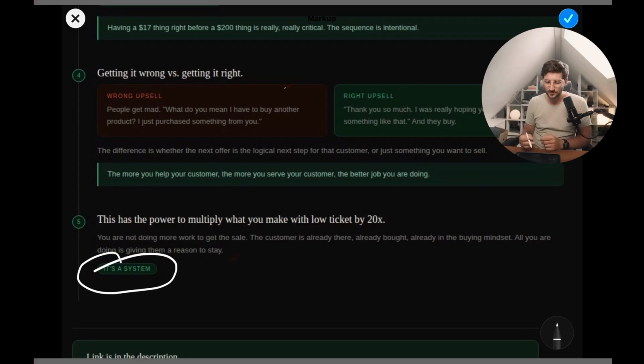That easy. So what you want to do here is think, after someone buys the first product, what is the logical next step that they need to take after they implemented product 1? They need to go to step number 2. That will be a bump.